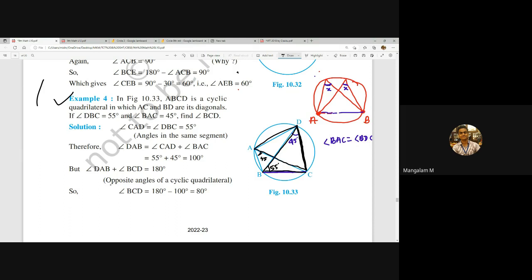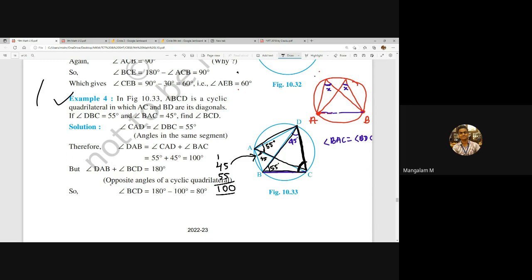Both angles will be equal, so it will also be 55 degrees. We have to find this angle. The measurement of this angle is 45 plus 55, which is 100.